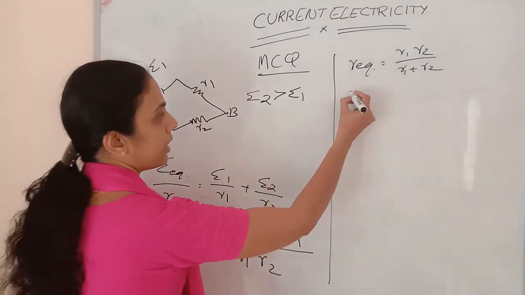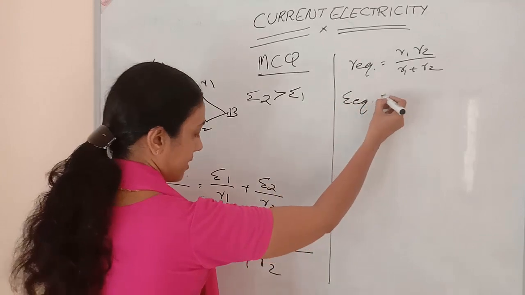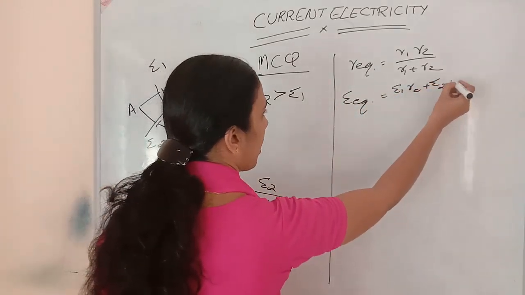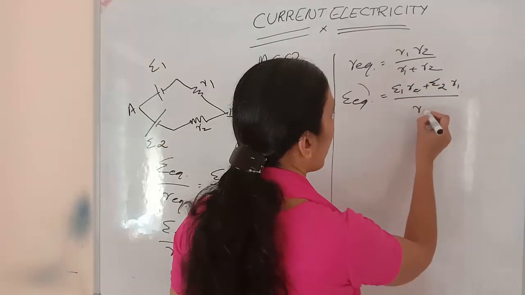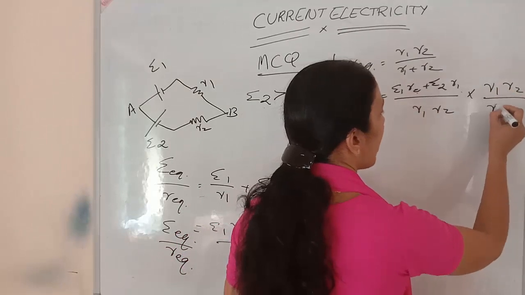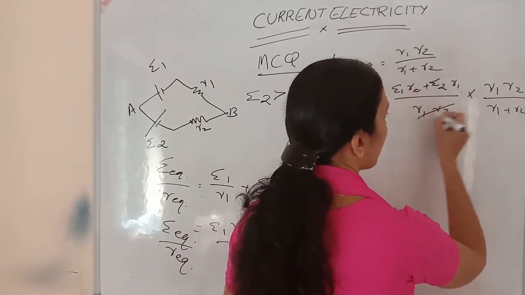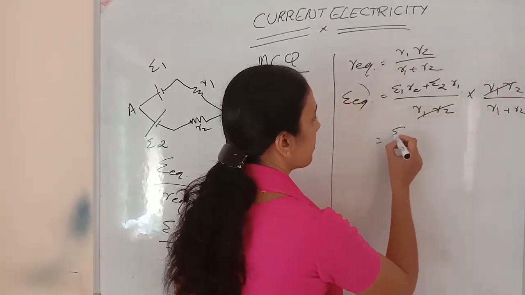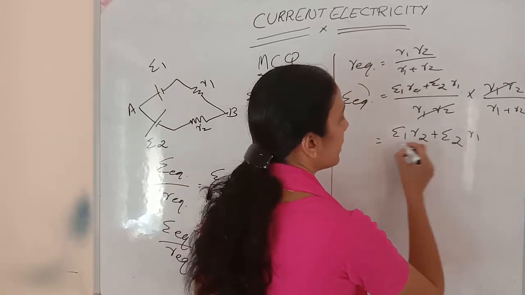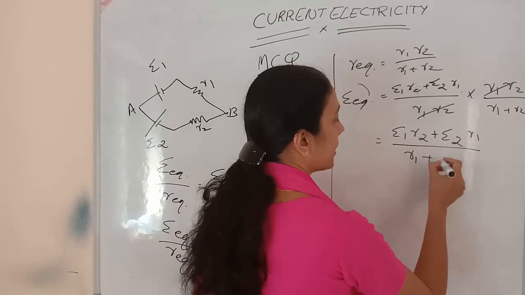So what will E equivalent be? E equivalent is equal to E1 R2 plus E2 R1 divided by R1 R2, into R1 R2 divided by R1 plus R2. R1 R2 and R1 R2 get cancelled, and we get E1 R2 plus E2 R1 divided by R1 plus R2.